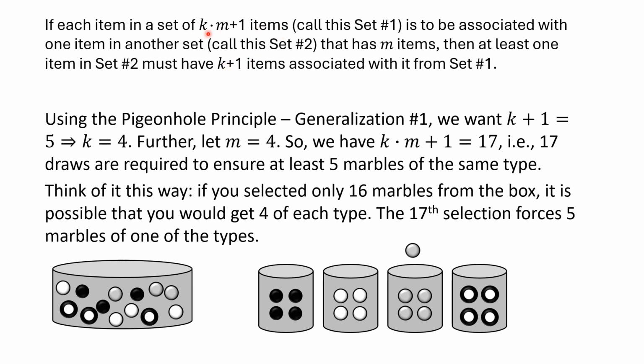And so what we're asking is, what does this expression need to equal in order to force us to have 5 here? And so we have K equals 4, M equals 4, and we add 1 to that and we get 17.